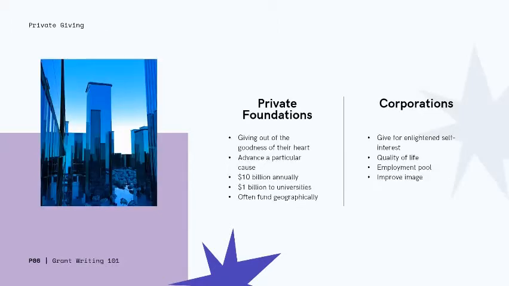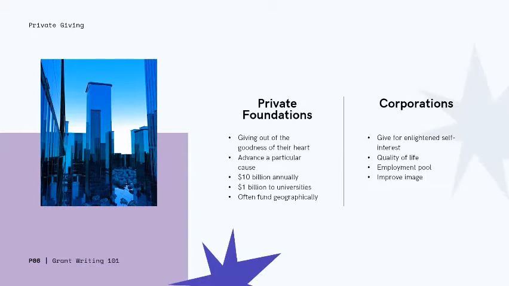Looking at private foundations and corporations, why do they give out money? A foundation may give out money because they have received dollars from the federal government. Your state may have several foundations, and they will give out dollars to help achieve mission-critical activities. They may have a mission to feed children or to educate women, and they need help doing that work.